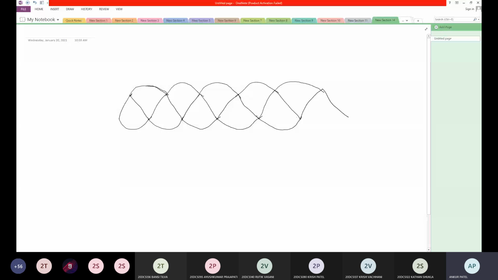Similarly, we'll have it like this. So this is your three phase supply.